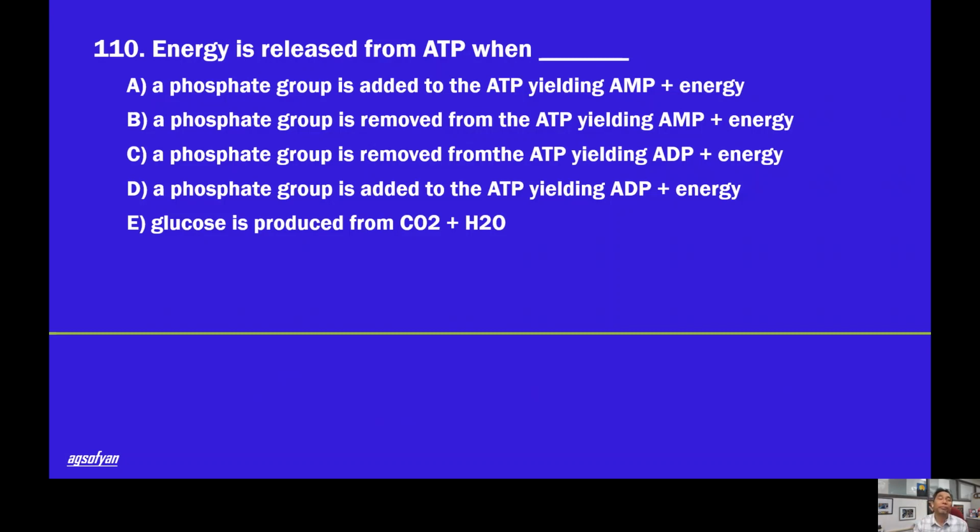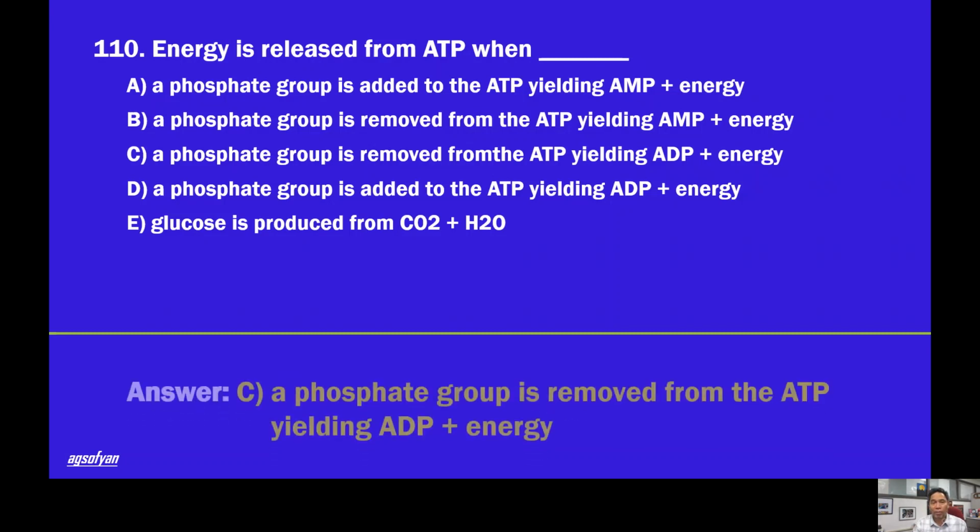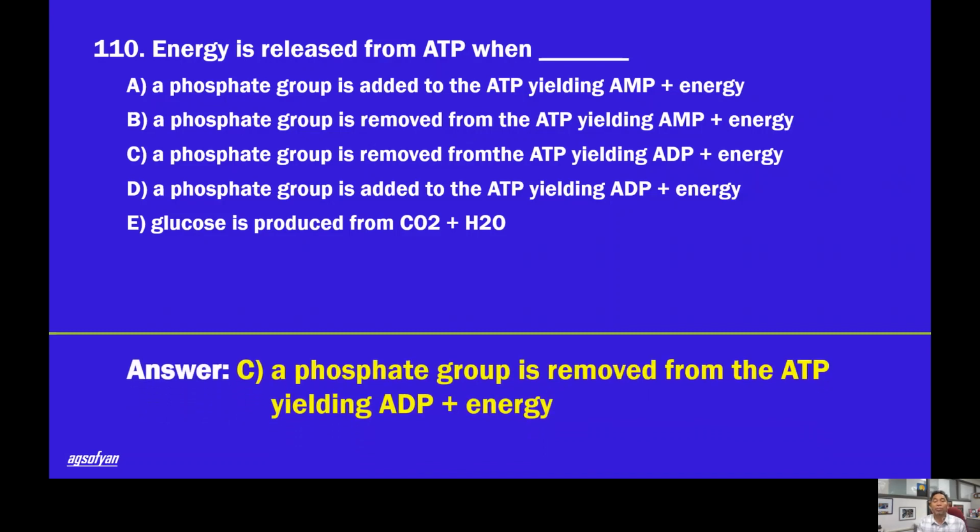Choose your answer. Yeah, the answer is when a phosphate group is removed from ATP. Therefore, the product will be ADP. ATP means adenosine triphosphate, carrying 3 phosphates. When 1 phosphate is removed, it becomes ADP, adenosine diphosphate, and energy will be released.